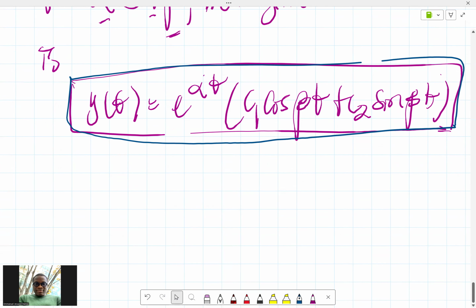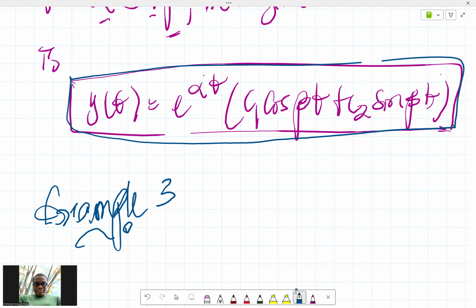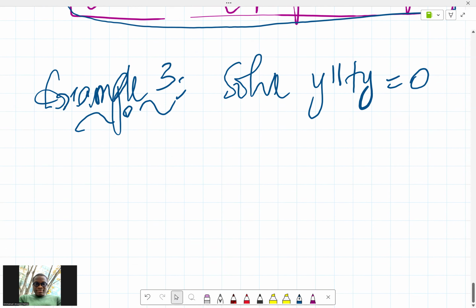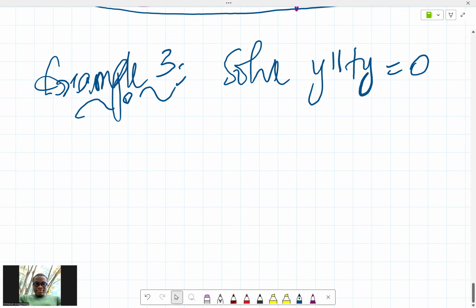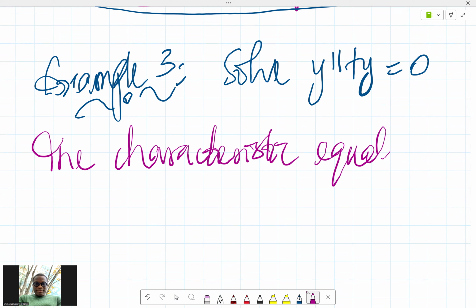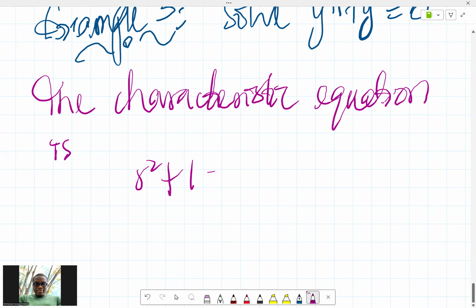So let's take an example that deals with that. Example three, you need to solve y prime prime plus y equals 0. Okay. So again, the characteristic equation is r squared plus 1 equals 0.